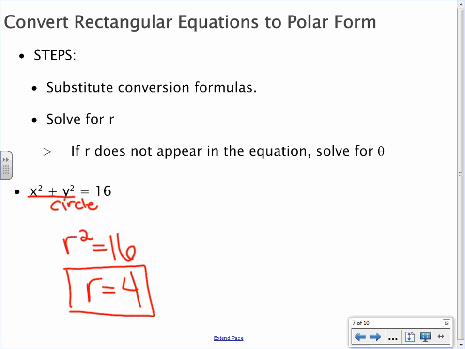This equation, r equals 4. R is always 4. It has nothing to do with what theta is. No matter what theta is, our radius is 4. So no matter what angle we are at, our distance from the pole is 4. A circle with radius 4 centered at the pole, or at the origin.